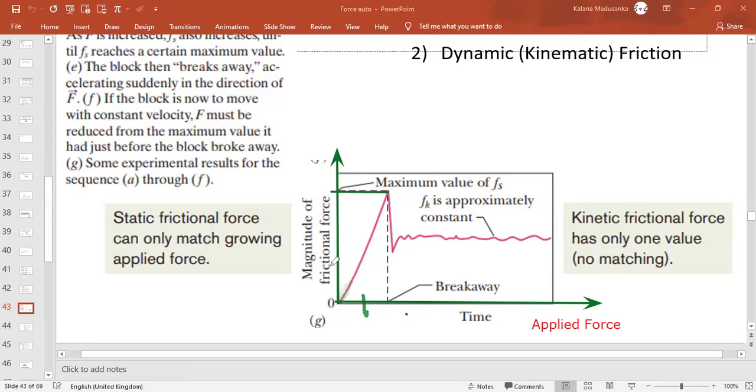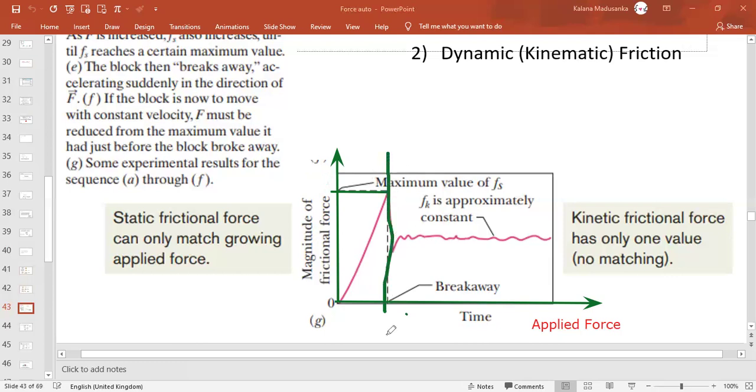If it is 10, friction force becomes 10, 15, 15, 20, 20, and let's say the maximum static friction force point, the peak actually, this one, let's say 50 newtons. The matching magnitude friction force is also going to be 50 newtons.